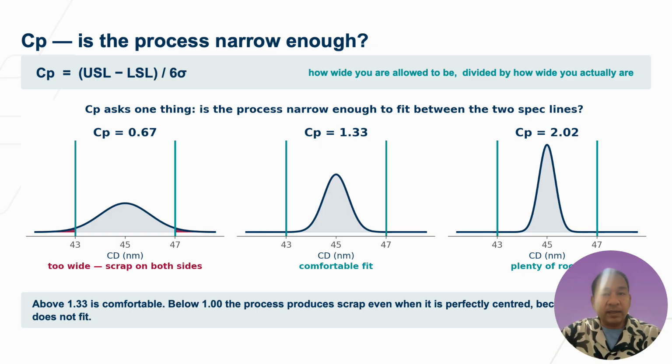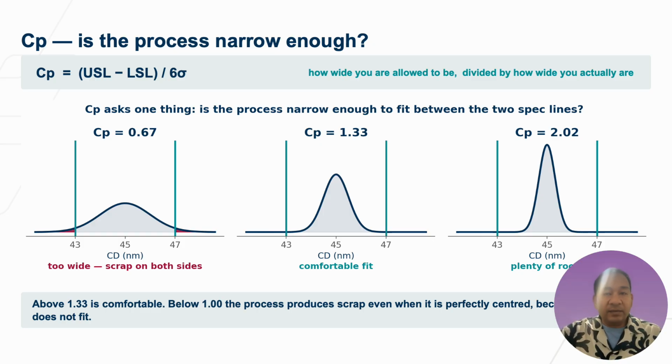A sigma of 1 nanometer gives 6 sigma of 6, which is wider than the 4 nanometer window. CP comes out to be 0.67 and the red areas are the wafers falling outside the spec on both sides. This process produces scrap even when it is perfectly centered because it simply does not fit.